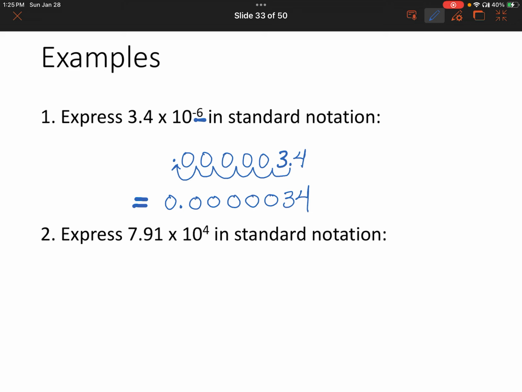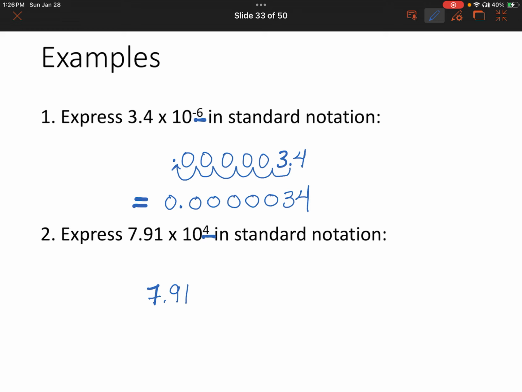All right, let's look at number 2. We have 7.91 times 10 to the 4th, and we want to write this in standard notation. So I'm going to write 7.91, and my exponent is 4, so I know I need to move my decimal 4 places.